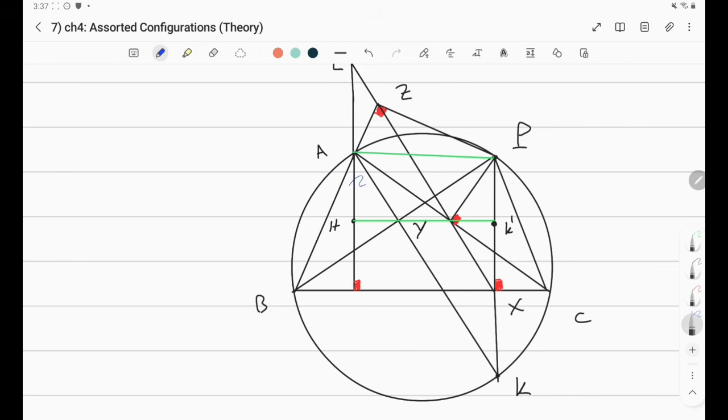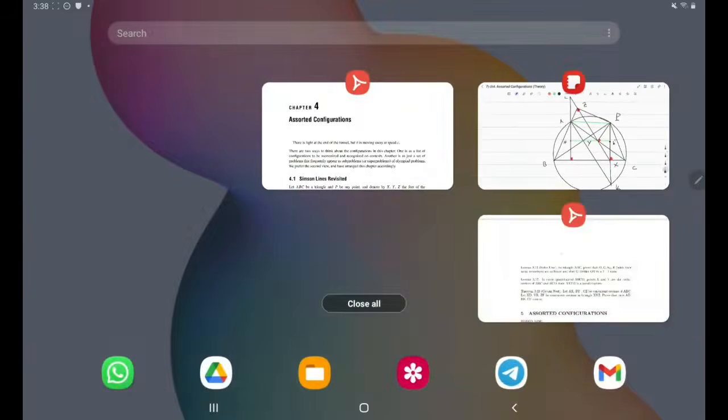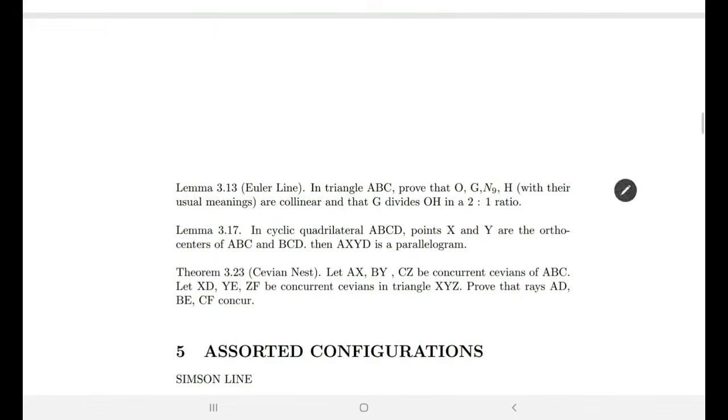Anyway, we're not going to do any of these because actually you already know this. This was one of the lemmas that was mentioned in the file that I just showed you. And let me just show you that one. So it was this one.